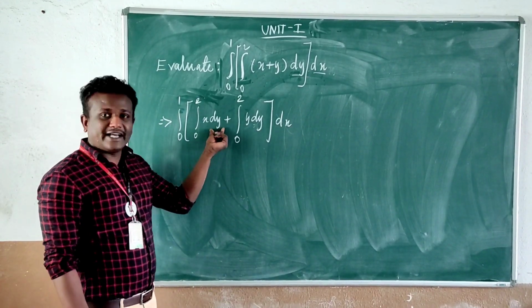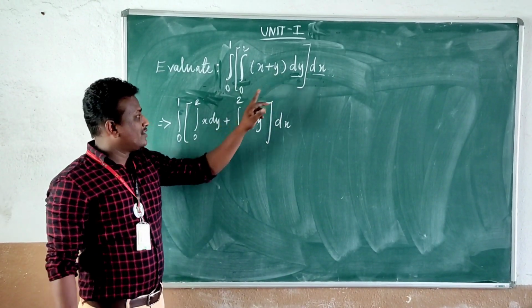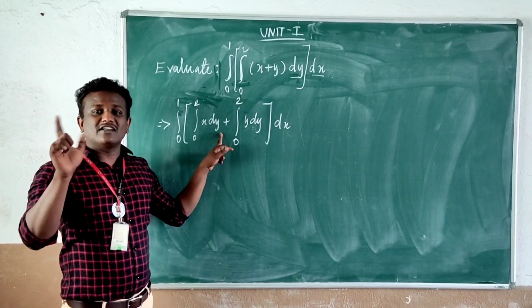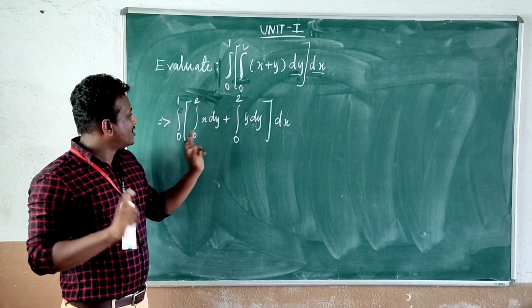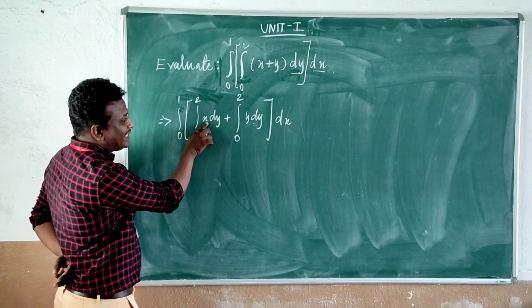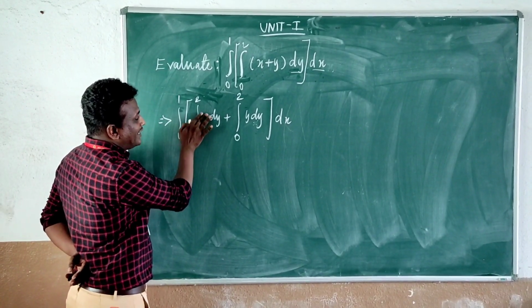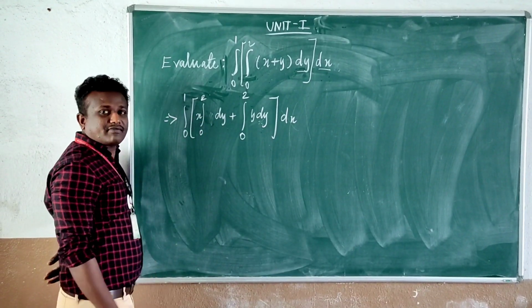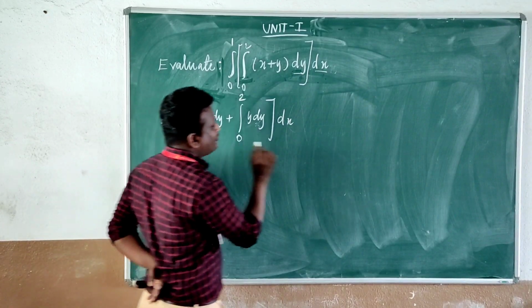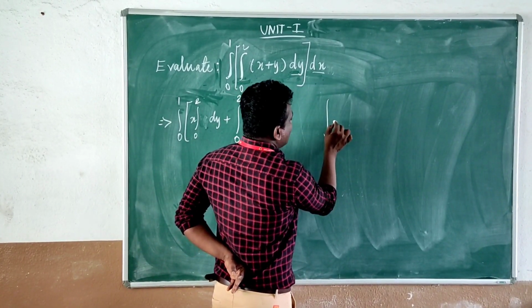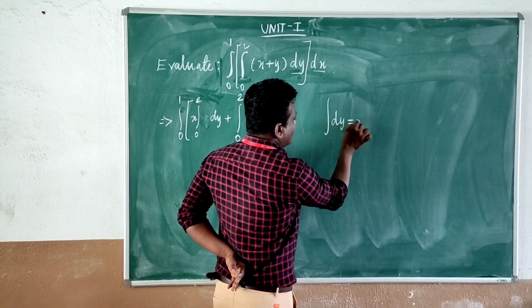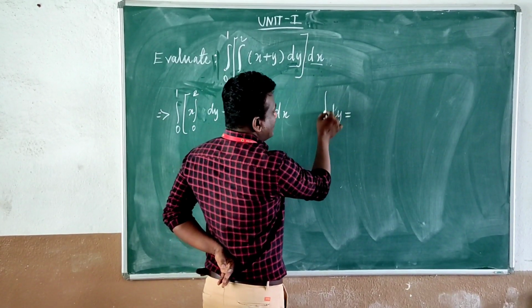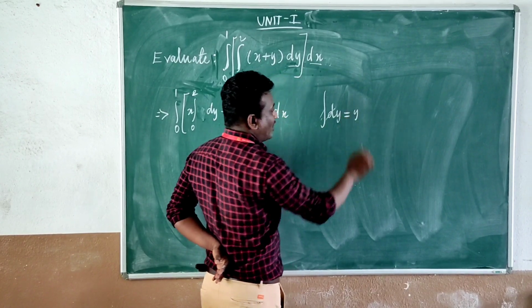Here you are integrating with respect to dy. When you integrate with respect to y, you treat x as a constant. Clear? So in the first term we have x, a constant, and if we have any constant term, you can keep it outside. Now the simple formulas we are going to use: if you have integral dy, you can cancel the integral symbol and dy, and your answer is y.